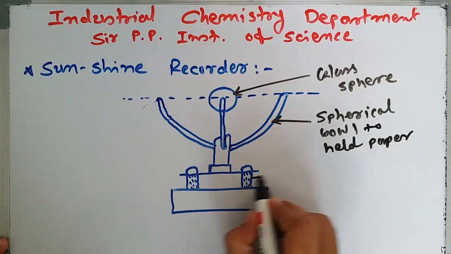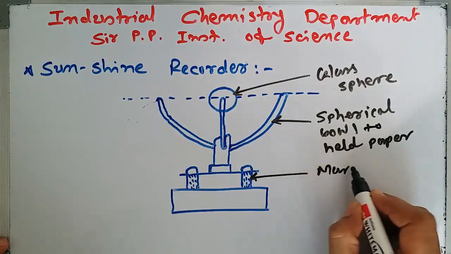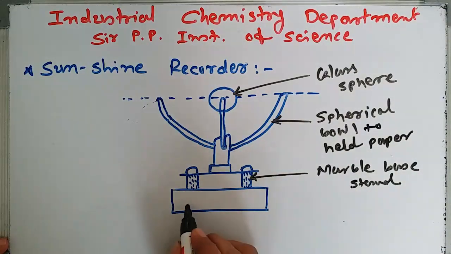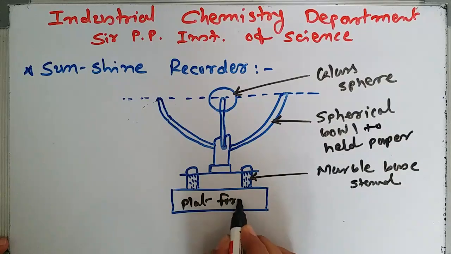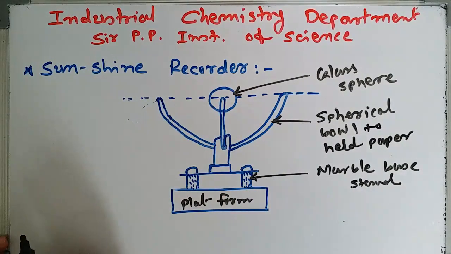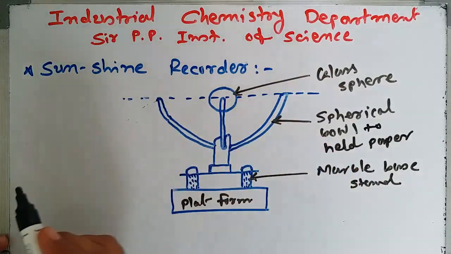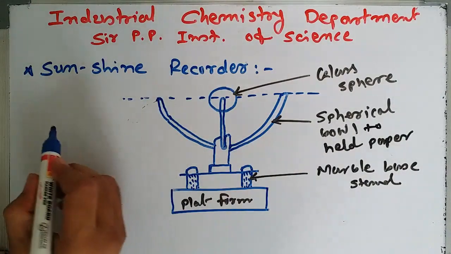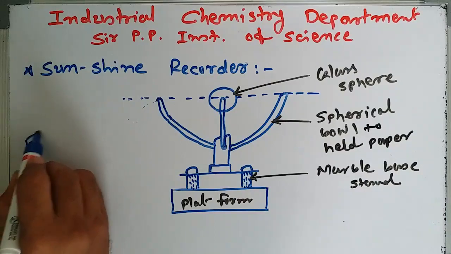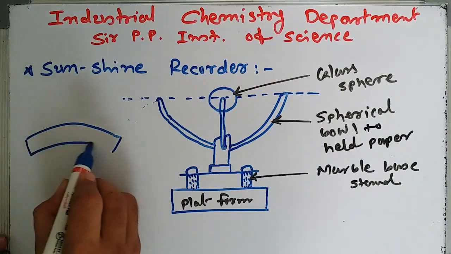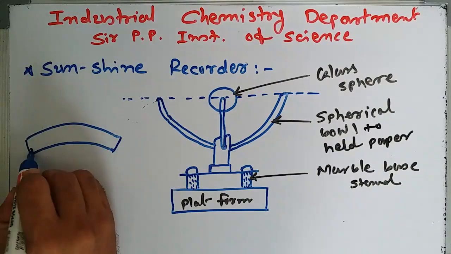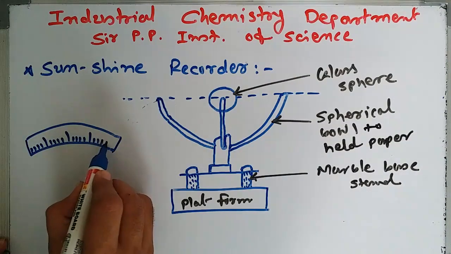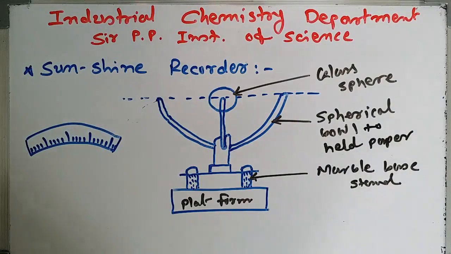This is the marble base stand. This is the platform. And this bowl contains a paper card. We draw the paper card on this side. This is the card paper.